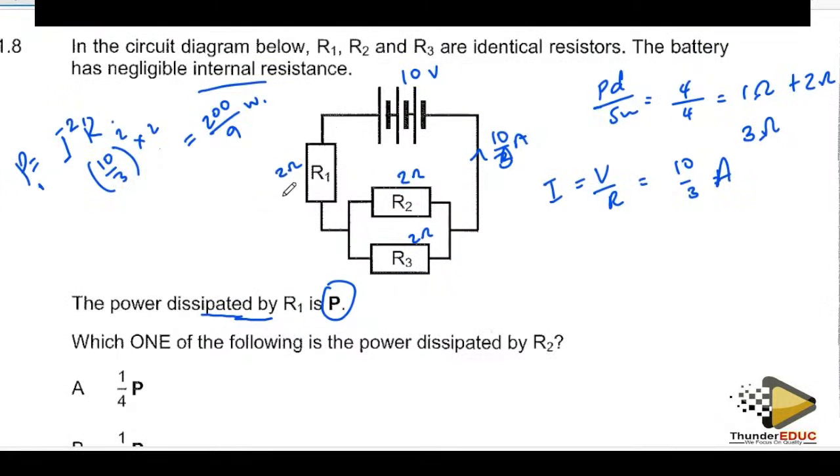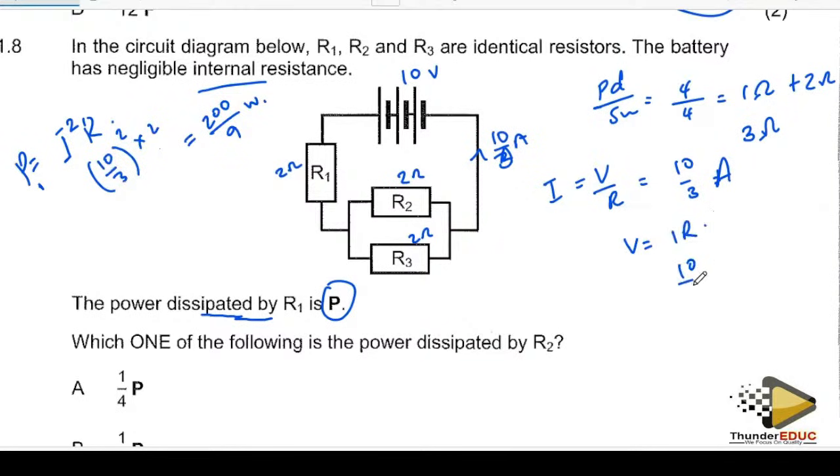Then what will be the voltage of R1? Voltage of R1 is going to be 10/3 times the 2, which is going to be 20/3 volts. But if my original was 10, then I'll have 10 minus 20/3, which gives me 10/3 volts as well.